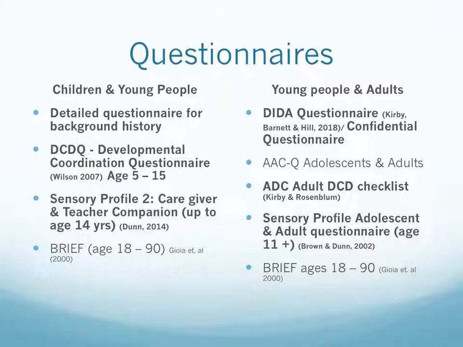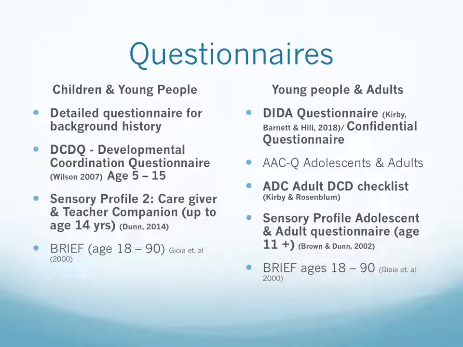For the children, we've got the DCDQ, the Developmental Coordination Questionnaire by Wilson, and that's suitable for children ages 5 to 15. Obviously, a carer would complete that.